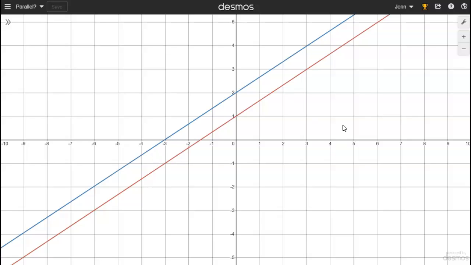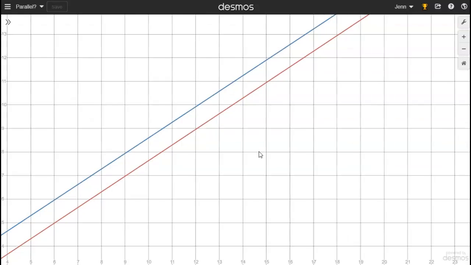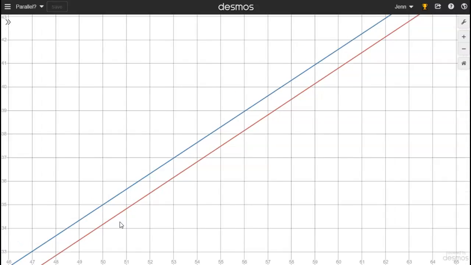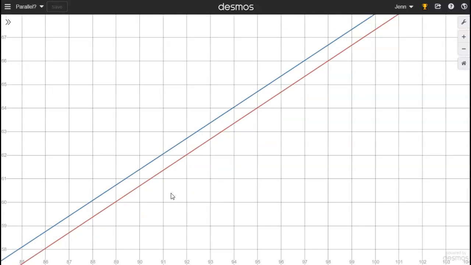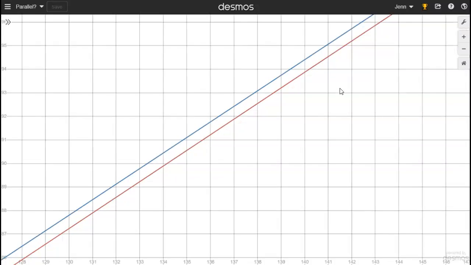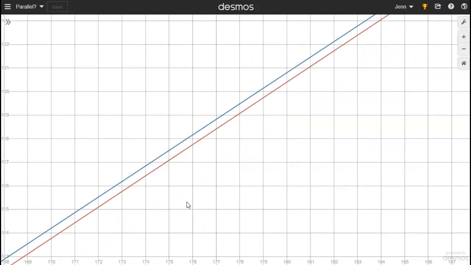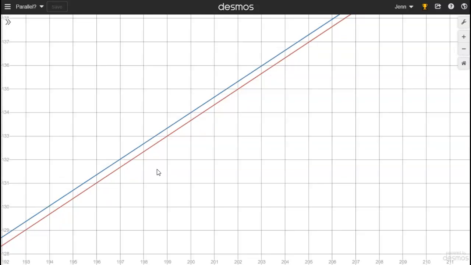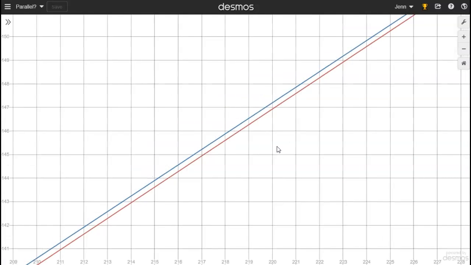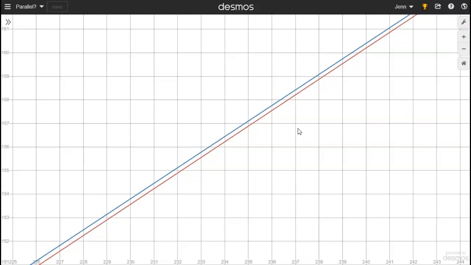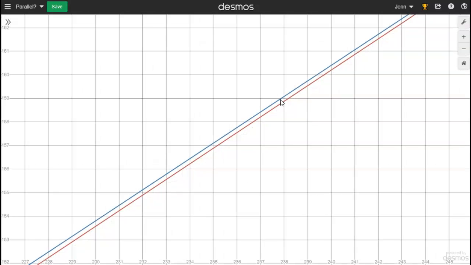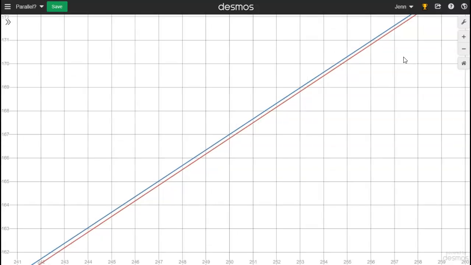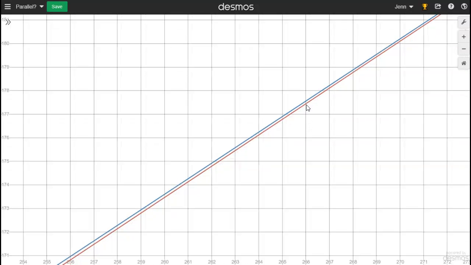But let's just go on a little journey here. We're going to travel up this graph. We're going to go up some more. And notice I'm not zooming in or out. I'm just traveling up. And look what happened to these 2 lines. It looks like they're getting closer together.